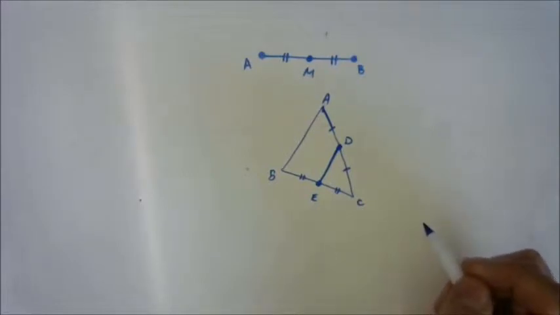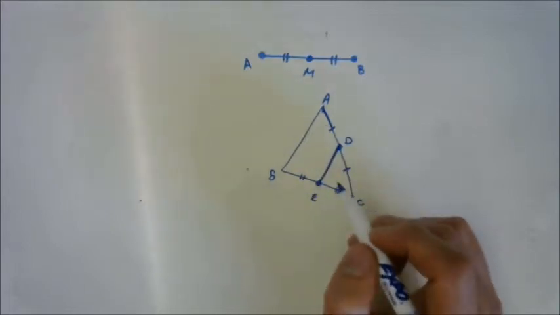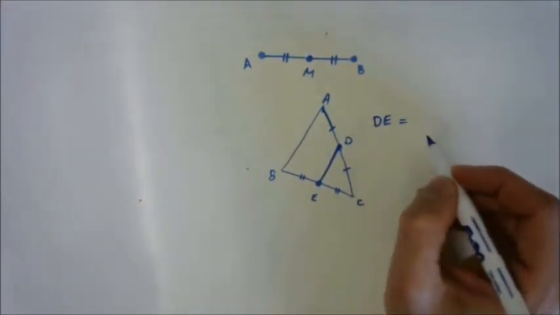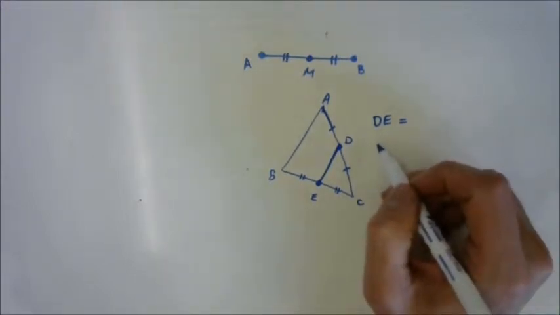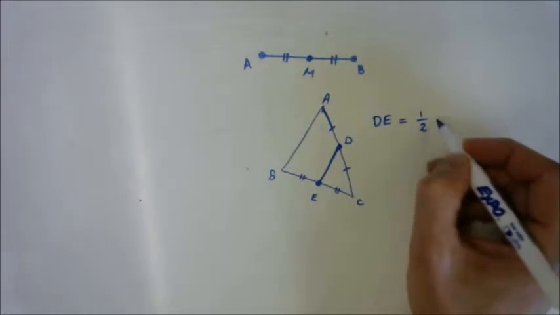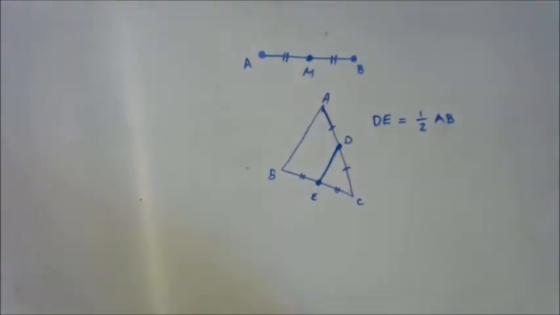Okay, and now what I've shown is that DE is half of AB. So how you would write that is you would say DE, that means the measure of the line segment DE, the length of DE, is 1/2 of AB. This all goes in that big second box there.